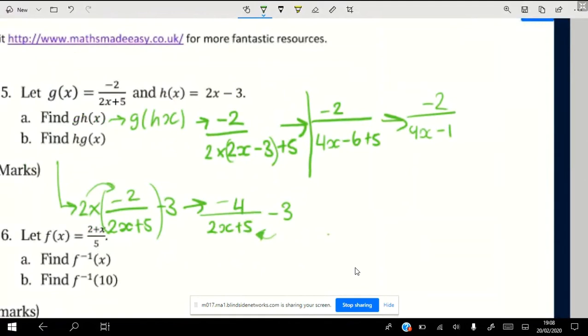Okay. And then, is that your final answer? Yes or no? No. You have to make the denominator the same, because you're subtracting.